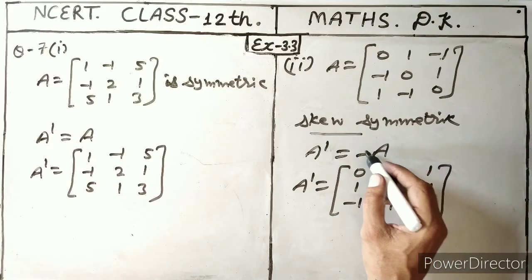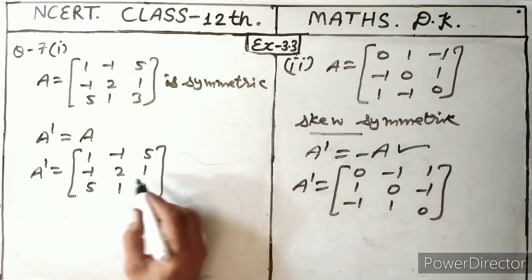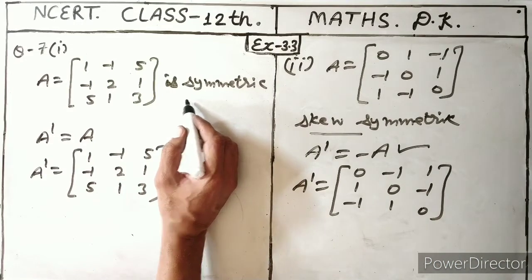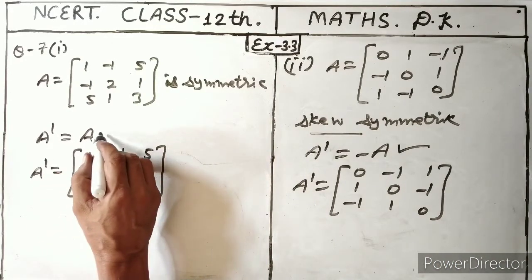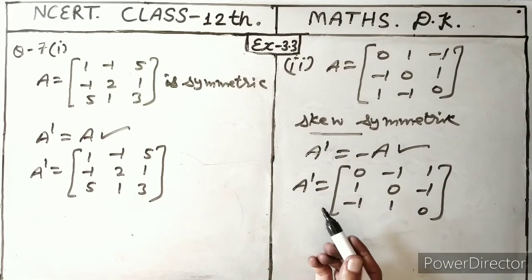The condition of skew symmetric is A transpose equals negative of A, and for a symmetric matrix A transpose equals A. These are the two definitions of symmetric and skew symmetric.